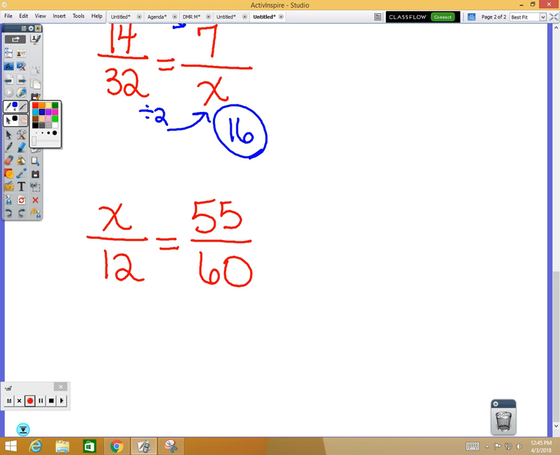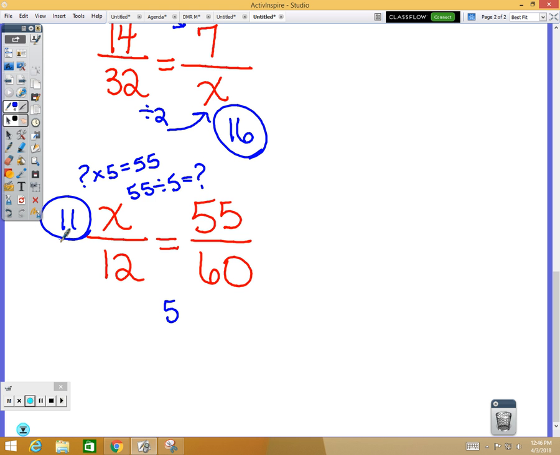It's going to be the same number, right? 60 divided by 5 is 12, or 12 times 5 is 60. So if we know that the 5 is what we're working with, what times 5 equals 55, or you could think 55 divided by 5 equals what? Both ways it's going to give you that answer of 11.